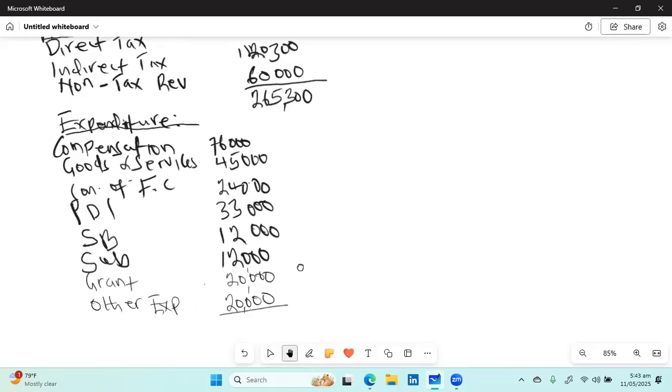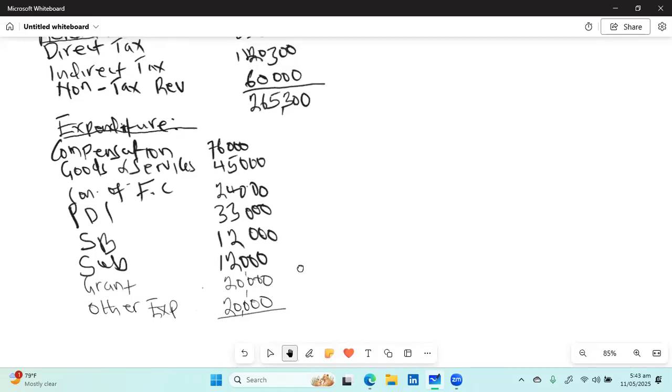What will be our total expenditure? You may add: 242,000. 242,000.